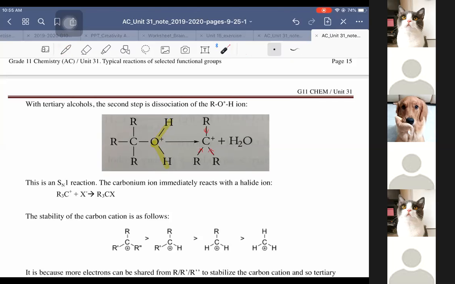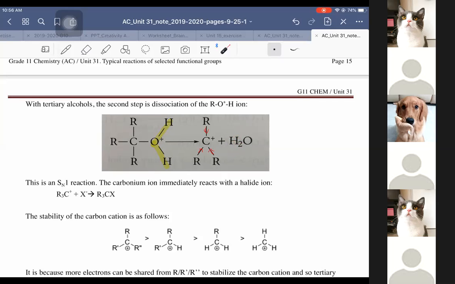So it will make it less positively charged, so that's more stable. So this water molecule can just leave, and then you form this carbocation, and then this carbocation would just combine with the halide ion we have, and then form the haloalkane we want. But that's only for tertiary alcohol, because it has more alkyl groups, it's more substituted, so the water molecule can just leave by itself.